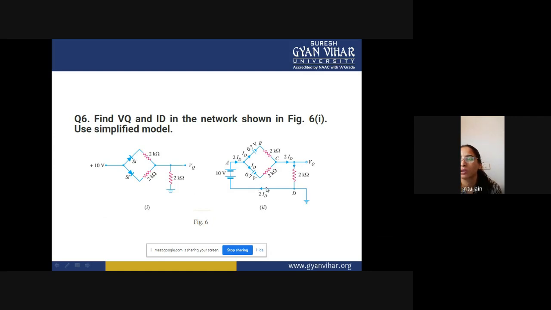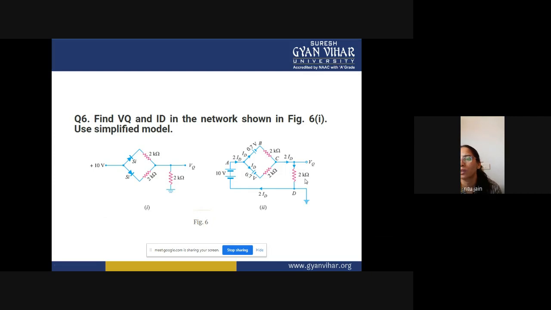So what you see is 10 volt, minus 0.7 volt, minus 2 kilo ohm into ID, minus 2ID into 2 kilo ohm is equal to 0.